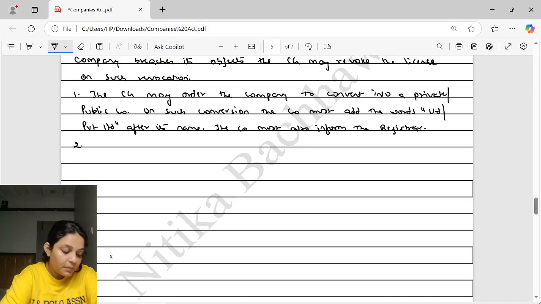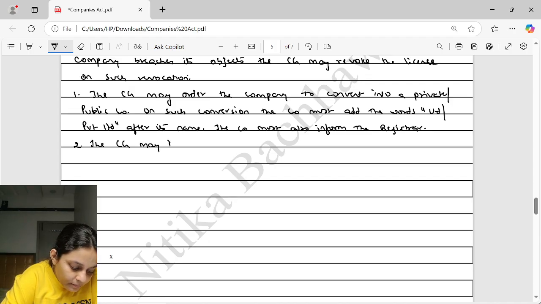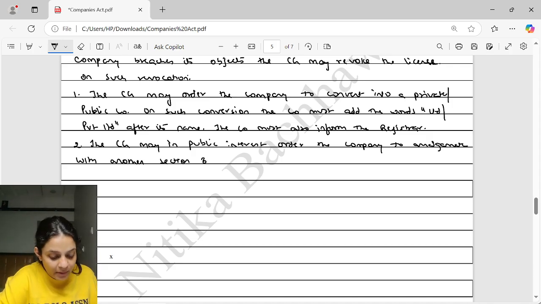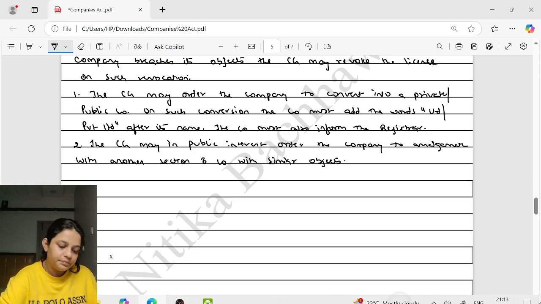Second, the central government may, in public interest, order the company to amalgamate with another Section 8 company with similar objects.